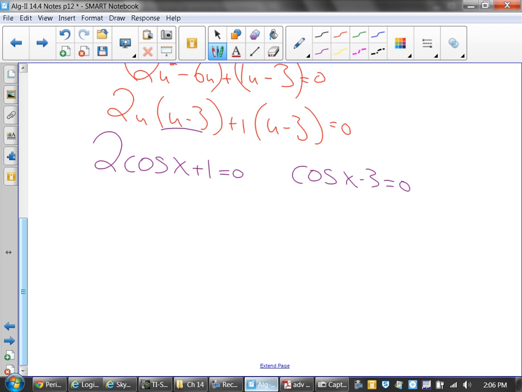I've taken my two terms and set them equal to 0, just like with every other factored problem we've ever done. For the equation on the left, cosine is going to equal negative 1/2. Which triangle am I going to be in to get a 1/2 for cosine? 30s or the 45s? 30, 60.